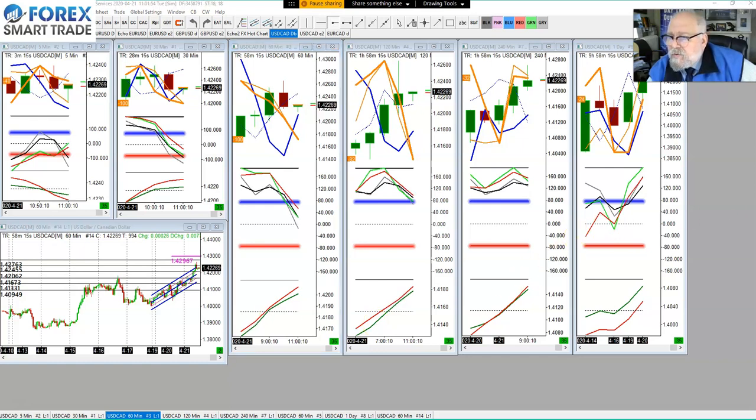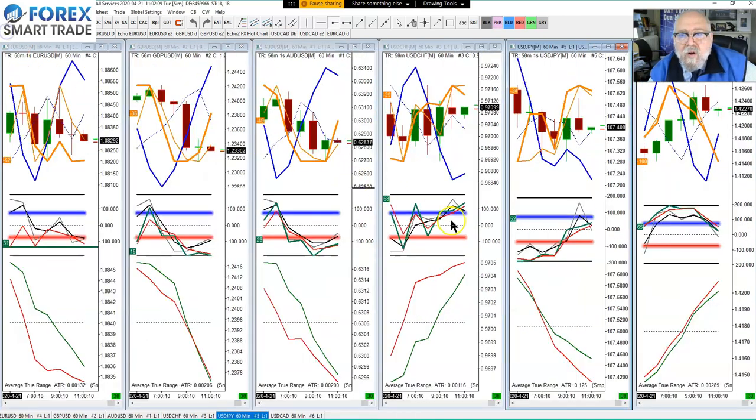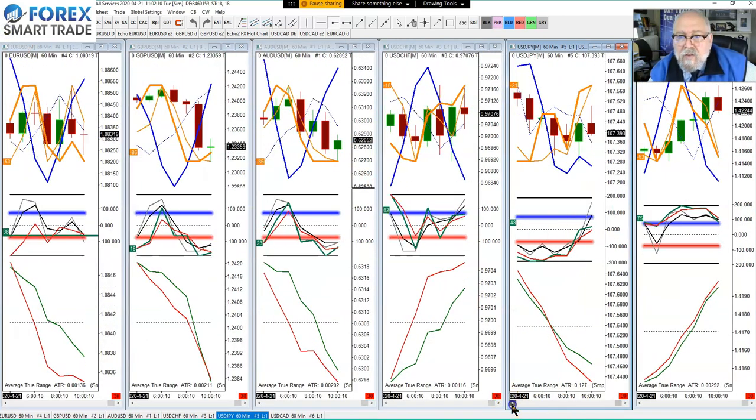Oh, we do have a couple of questions. Let me take a look. Euro, USD, JPY. Did we have a thick orange line trade? No, I don't see it.